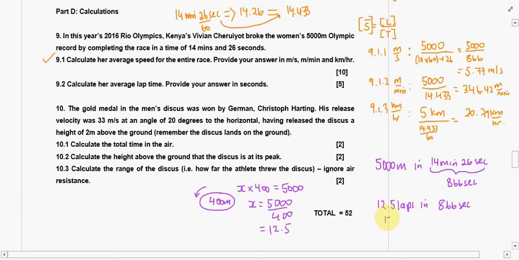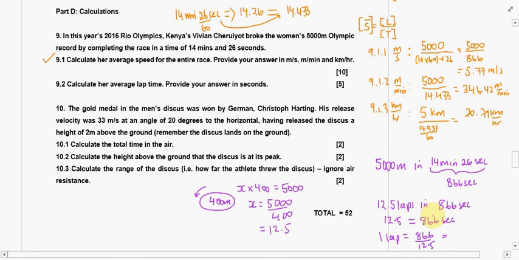If I write this a little more mathematically, 12.5 laps is equal to 866 seconds. So to get 1 lap, I have to divide this by 12.5. So 1 lap is equal to 866 divided by 12.5, which is 69.28.